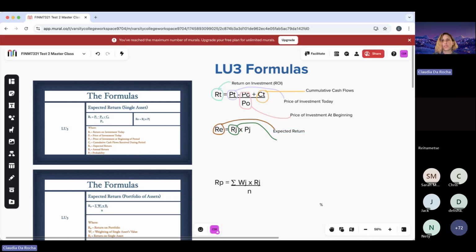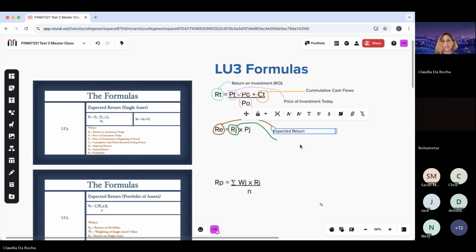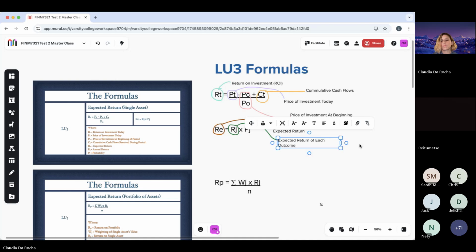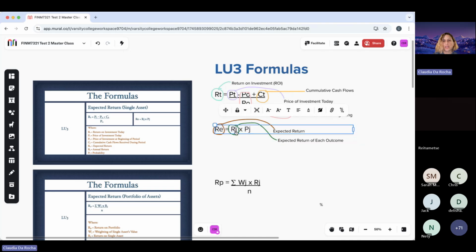Okay, because they will obviously give you different outcomes. And what I should also include here on this one is just the sum of sign, which I didn't include, because you're going to be adding all your different probabilities.